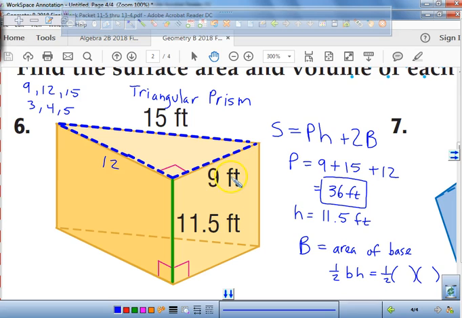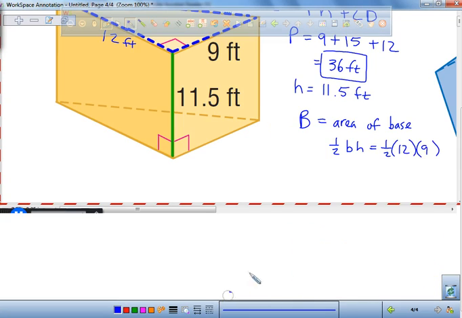Well, what are they always connected by? The base and the height are always connected by a right angle. You see the right angle right here? So you could call 9 the base and 12 the height, or you could call 12 the base and 9 the height. It doesn't matter. Just going to put a 12 and a 9. Now 9 times 12, I believe, is 108. And 108 divided by 2 is 54.